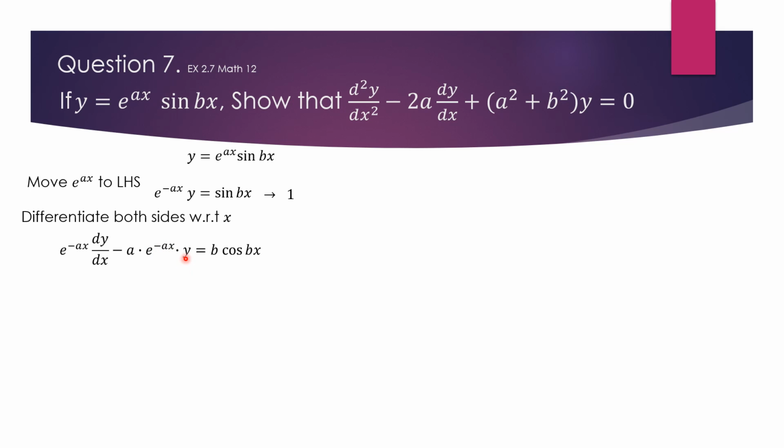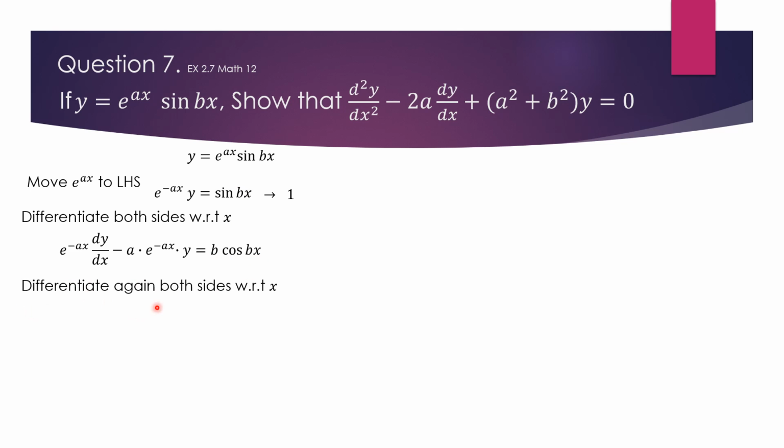And then, since it is the product rule, the y comes as it is. This is equal to b cos bx, since the differentiation of sine bx is cos bx, and the differentiation of bx is b.